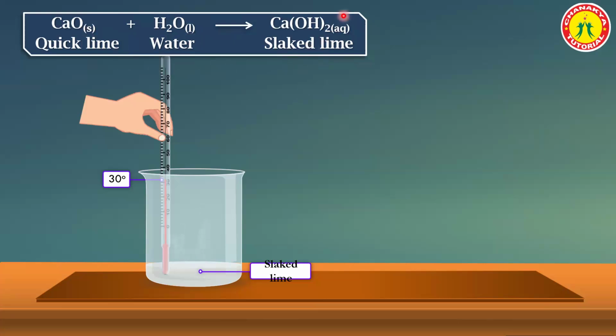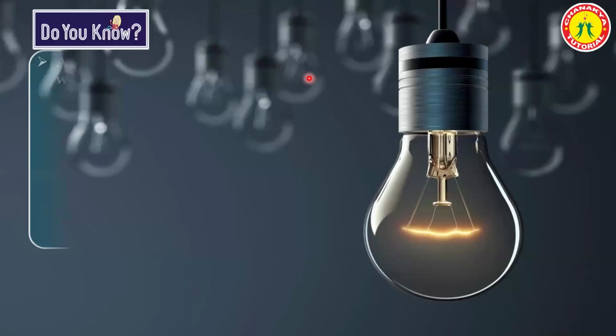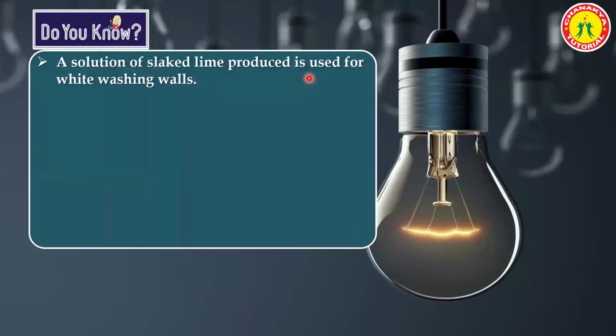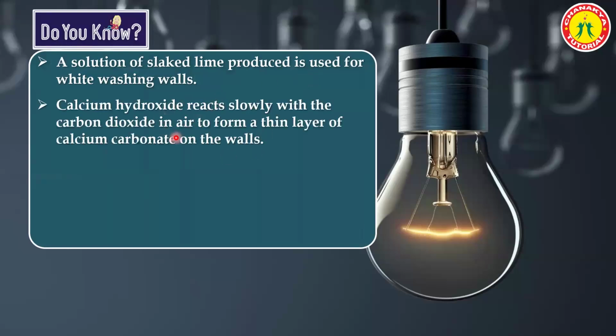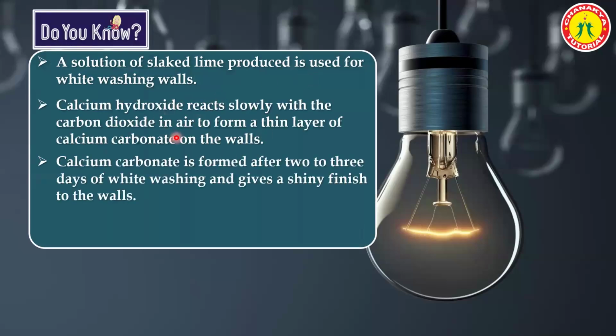Here, if we see, this slaked lime is used to whitewash the walls. This calcium hydroxide further reacts with carbon dioxide in the air. That's why we see that after a few days, the whitewash done on the walls changes into a shiny white color because of the formation of calcium carbonate.